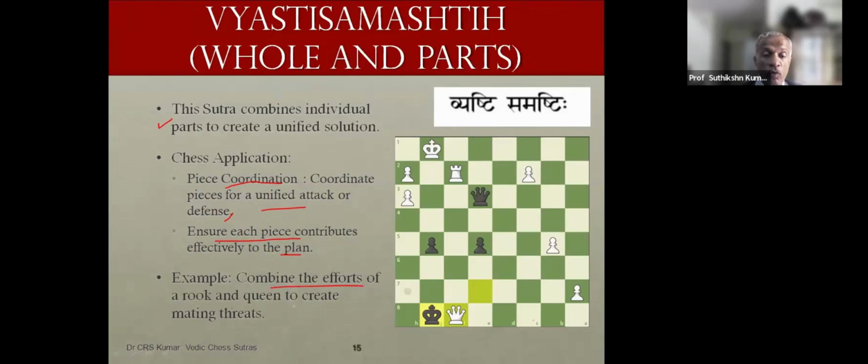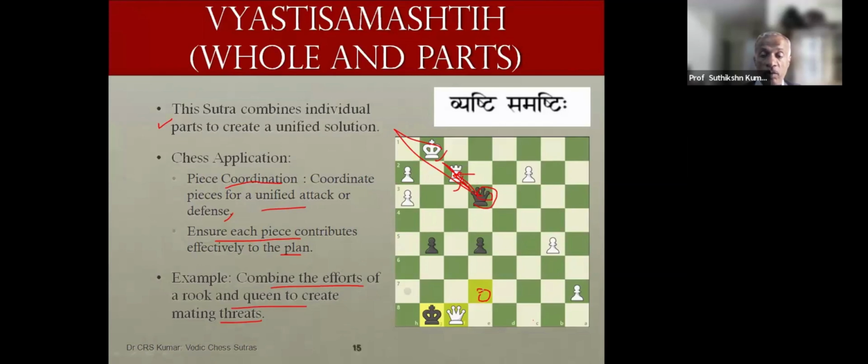Combining the efforts of a rook and queen to create mating threats is the example here. For example, what we have here is that white king is here, then the rook is here, but this rook is pinned because the black queen has come here. See, now this rook cannot be moved at all because if we move it, it will result in check. So this is called a pin. Then the white had an initiative.